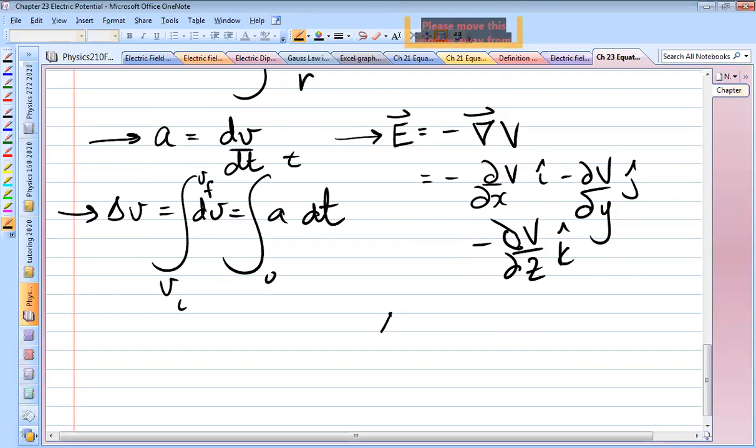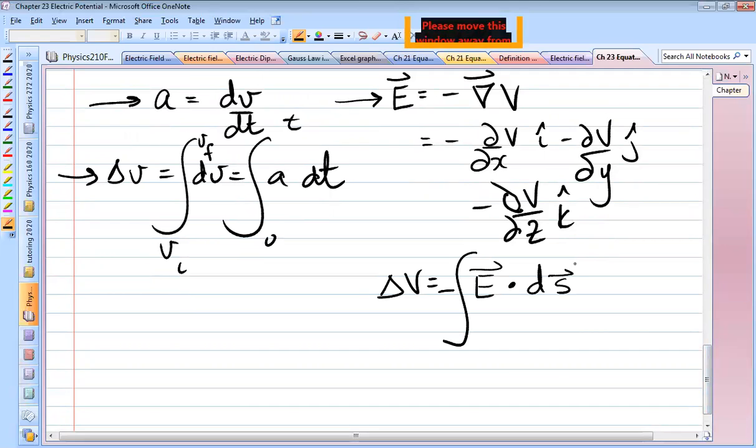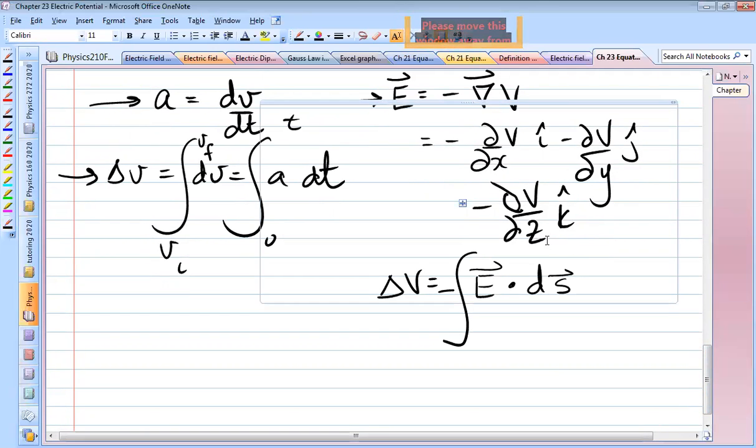But then you can do the integral equation, delta V, which is the integral, now there's a negative here, of E dot ds. And I've done a video of how to do both this derivative and this integral. Okay, so that's pretty well it for the equations for chapter 23.